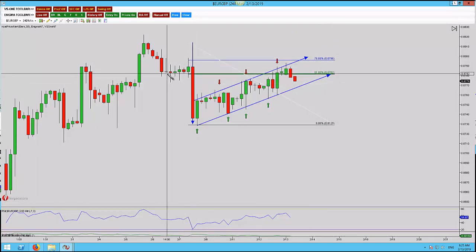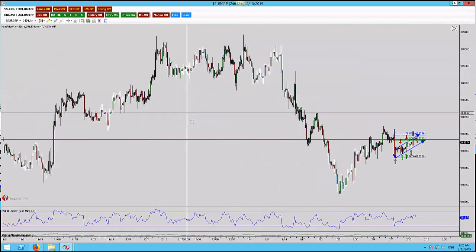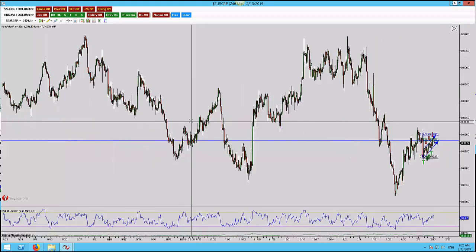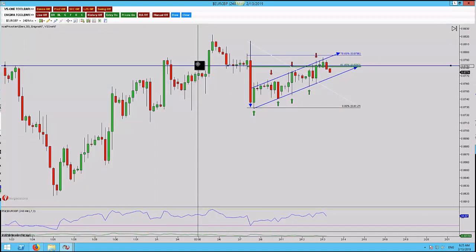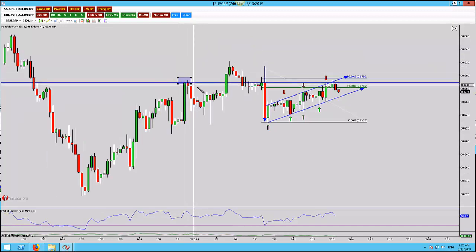If I put a structure level on dead on that 61.8, I was looking at this level right here, and if we look left, okay, ignore that. It was just that one level, but if we now move it up to where price has come to, we can now see we have this key level.